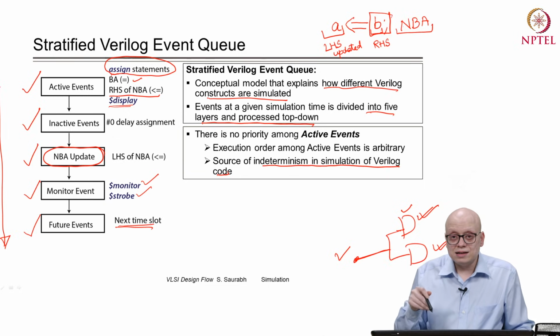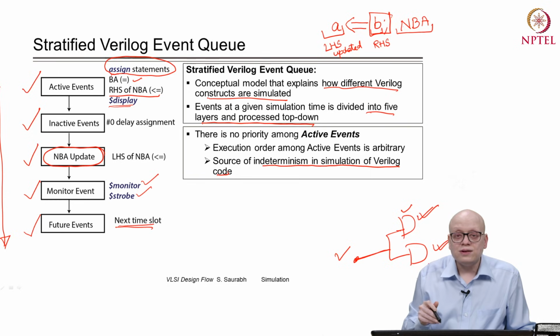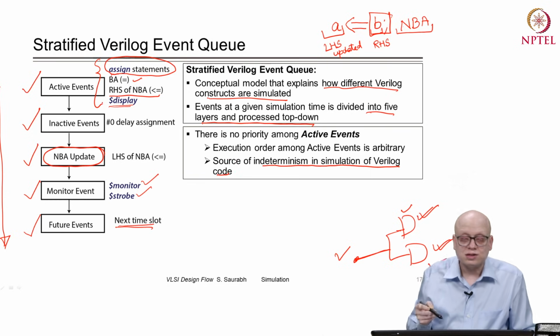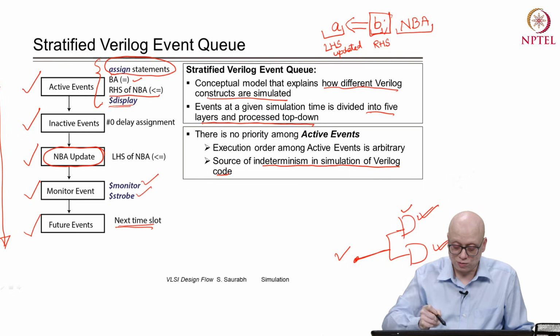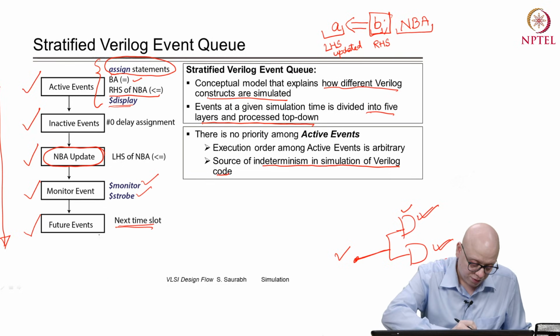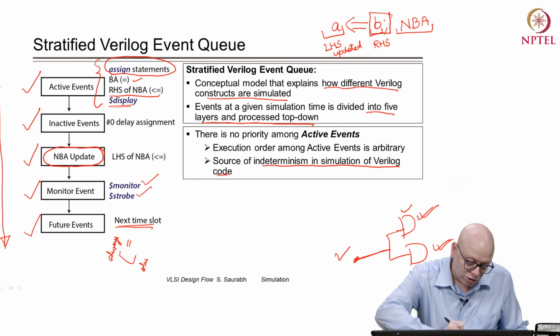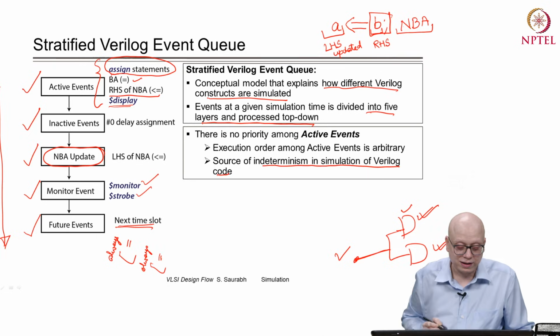So, this is about the various events in the active events queue. Suppose there was an always block, and in this always block there was a blocking assignment, and there was another always block, and inside that there was another blocking assignment.